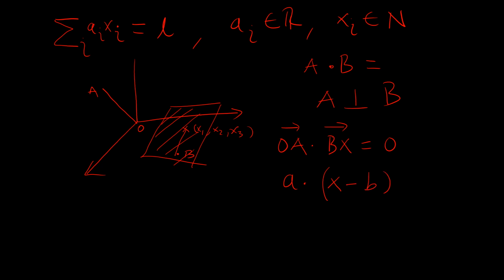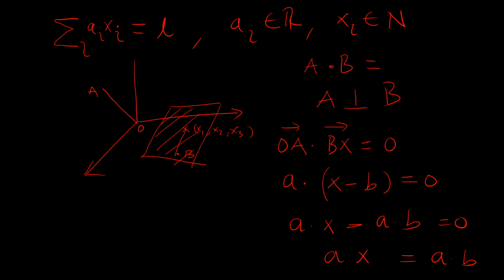Sometimes you can put an arrow on top, but let's assume that these are vectors. So this is 0, as we know, so that a·x minus a·b is equal to 0. So in other words, a·x is equal to a·b.